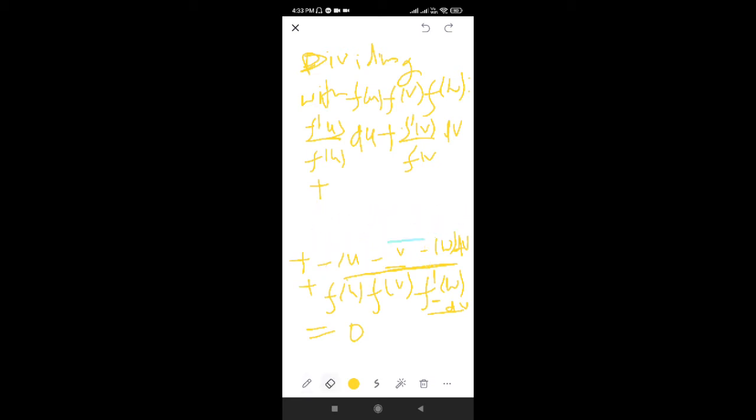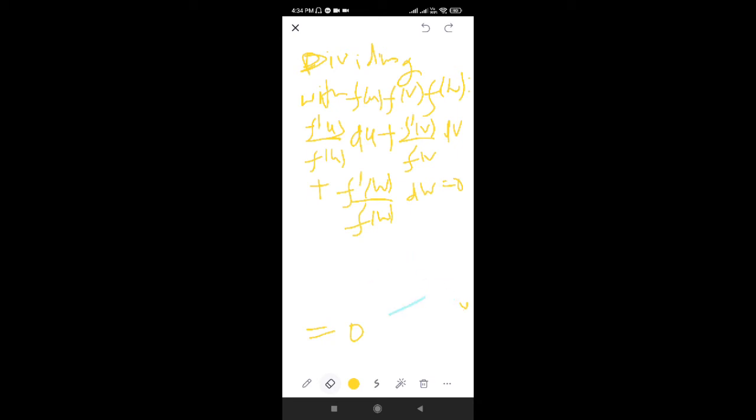You may forget about these things. Divide this third term with fu, fv, fw. All the unprimed functions will be cancelled, so you are only left with f prime of w by fw into dw. Is it clear to you?